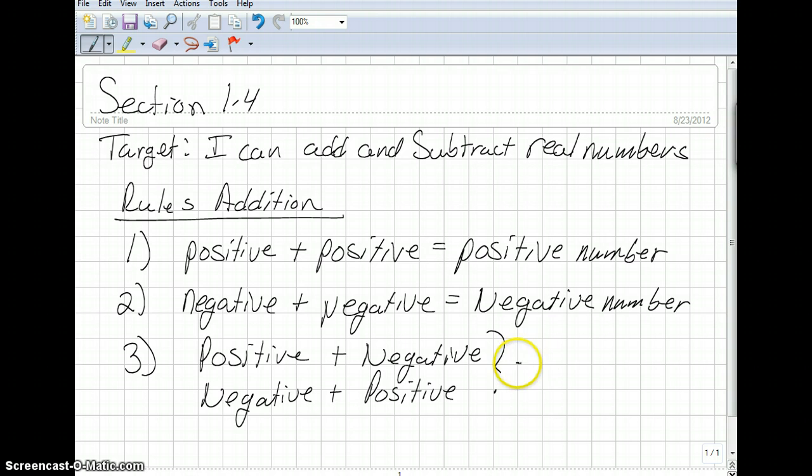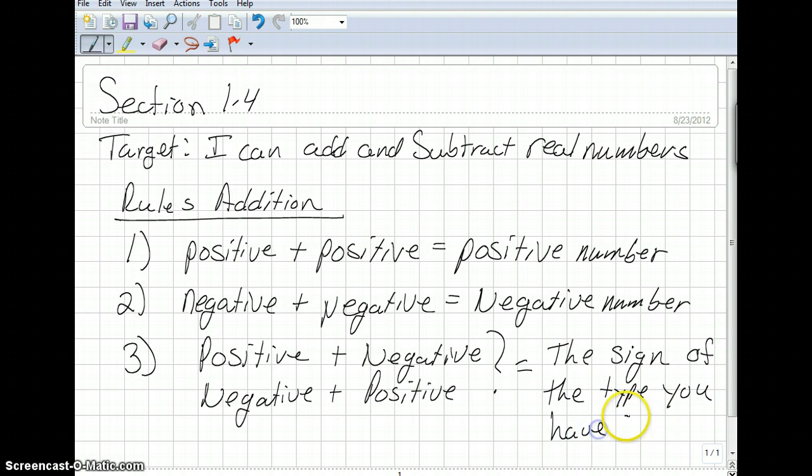The answer will always be the sign of the type of number you have most of. So the sign of the type you have most of.